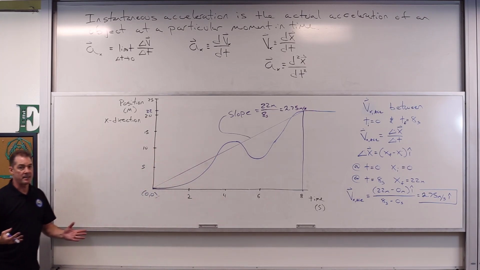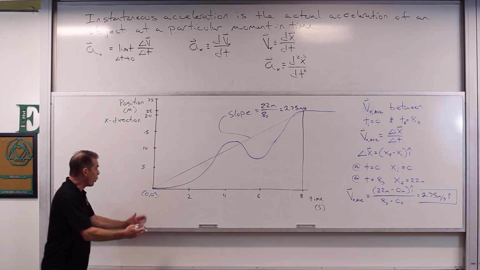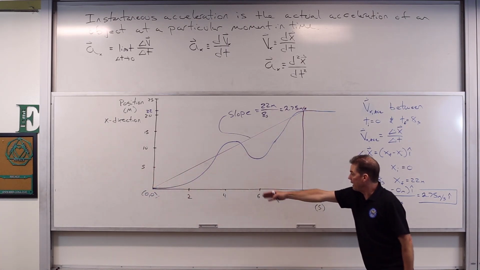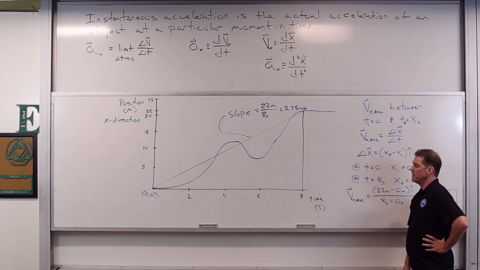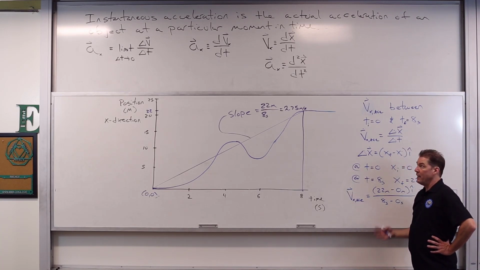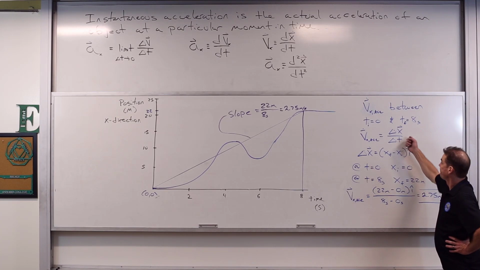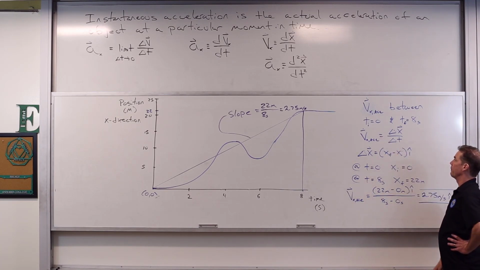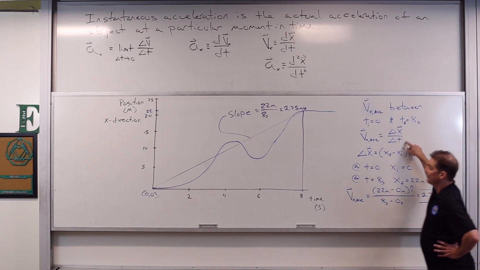So the point with this is that the slope joining the two coordinates for the initial and final positions over that time interval is equivalent to the average velocity when we're looking at a position versus time curve. Delta x over delta t.